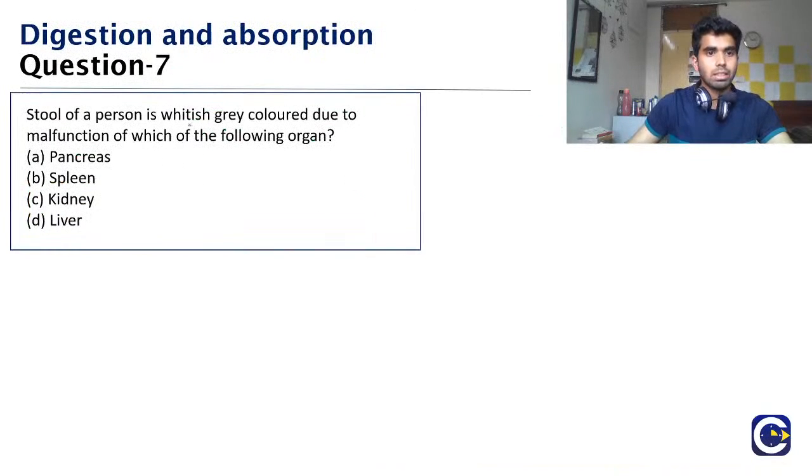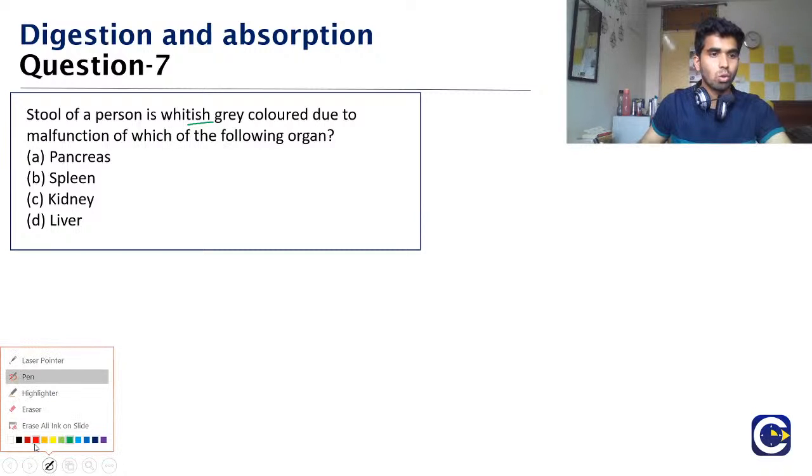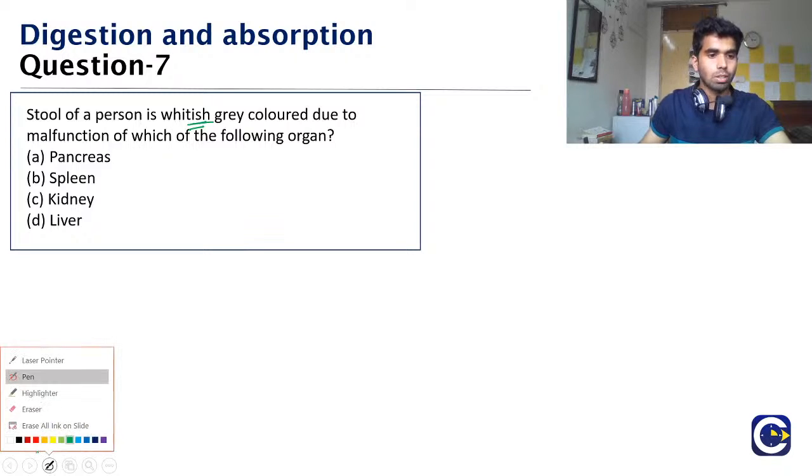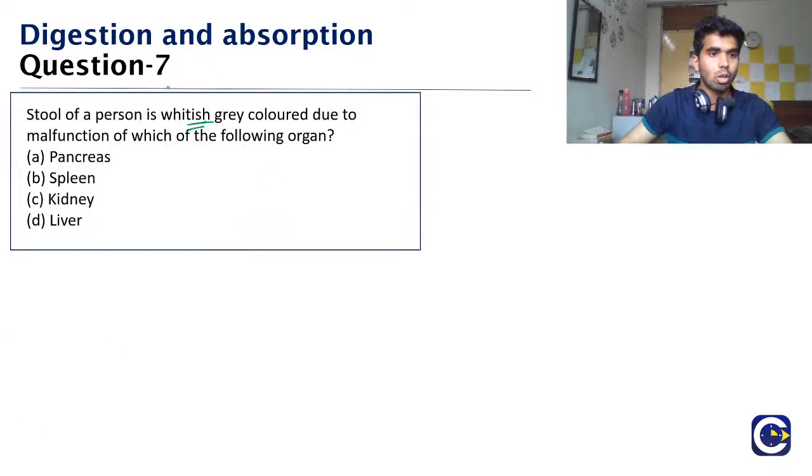Stool of a person is whitish gray colored due to malfunction of which of the following organs? Option A, pancreas, option B, spleen, option C, kidney, and option D, liver.